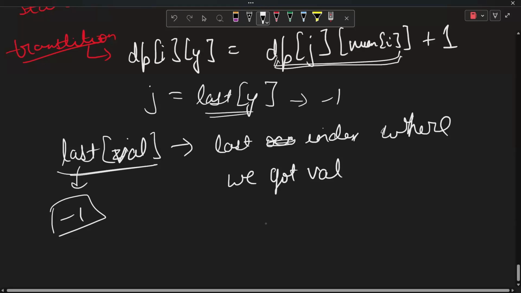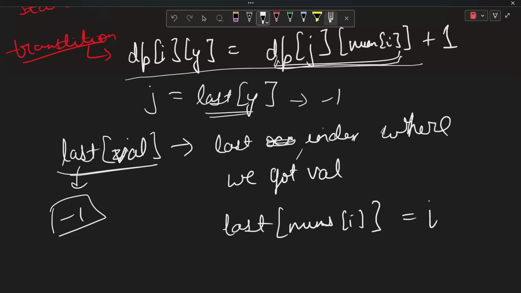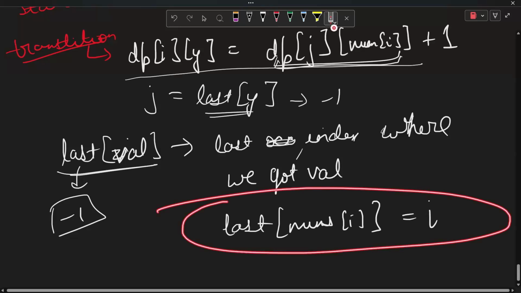And after iterating through the ith index, we can just update that last of nums[i] as i. This way we can keep this map updated.